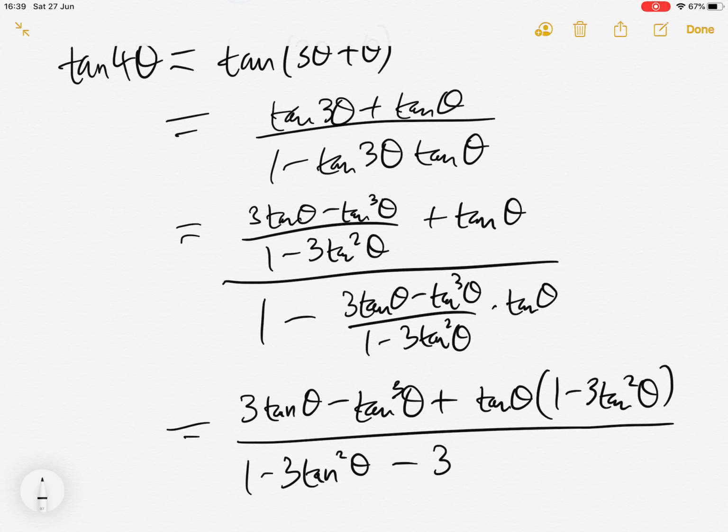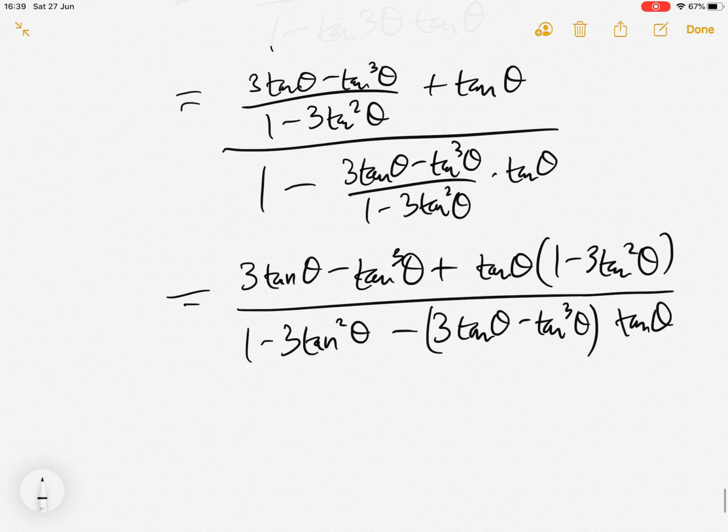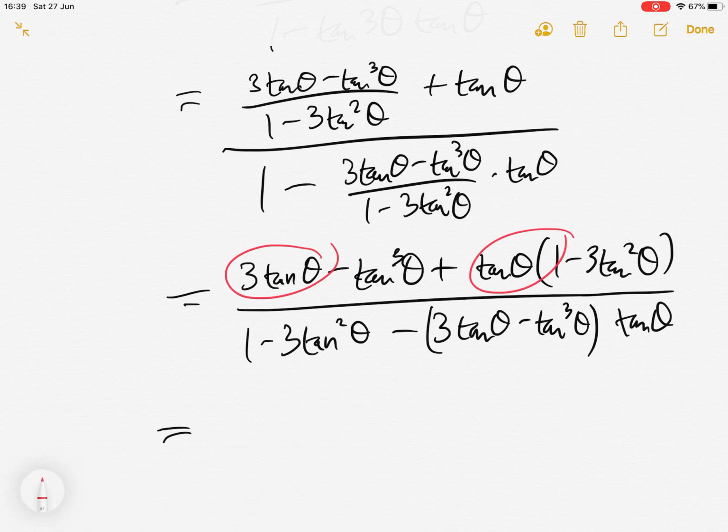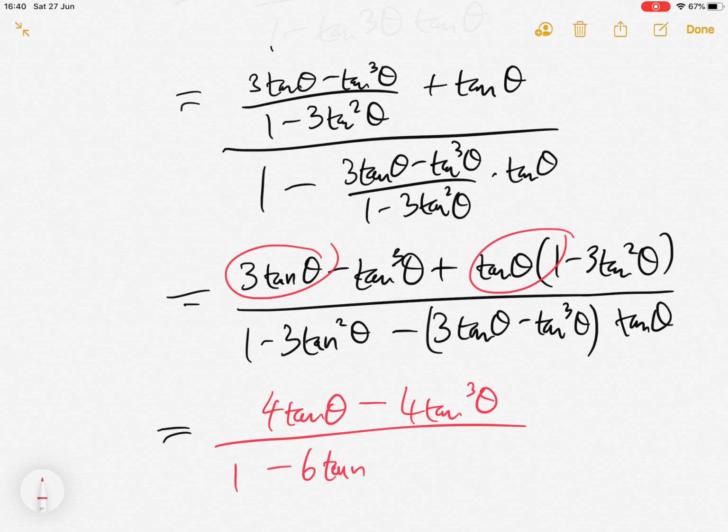And then minus 3 tan theta minus tan cubed theta times this tan theta that's at the end. Now let's tidy up. So on the top, notice we've got here 4 tan theta, and then we've got minus 4 tan cubed theta. And then in the denominator, we've got 1 minus 6 tan squared theta.